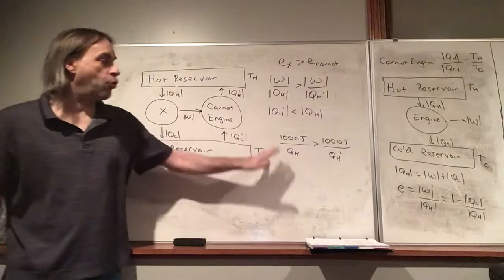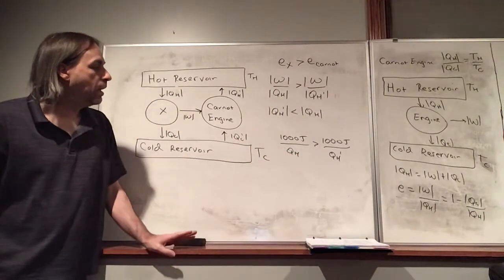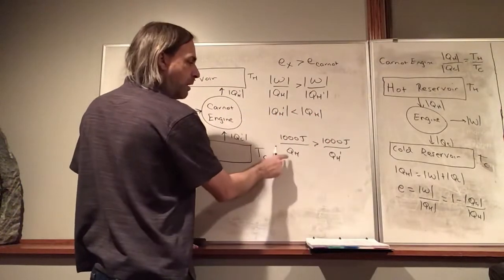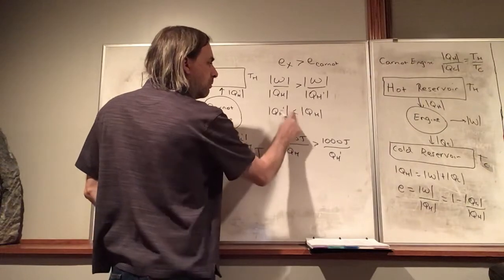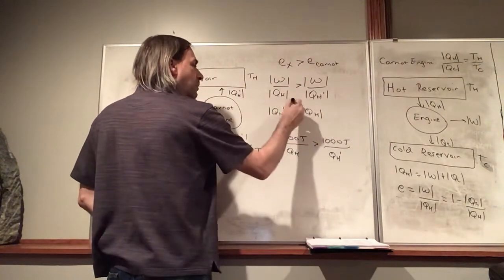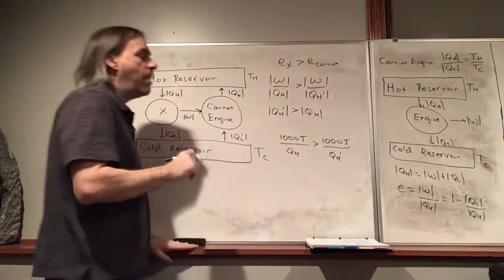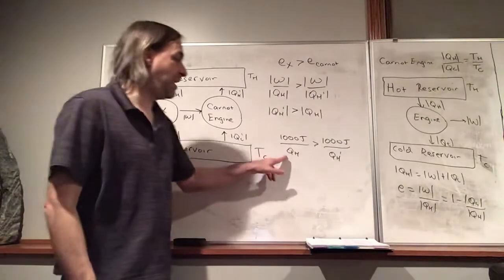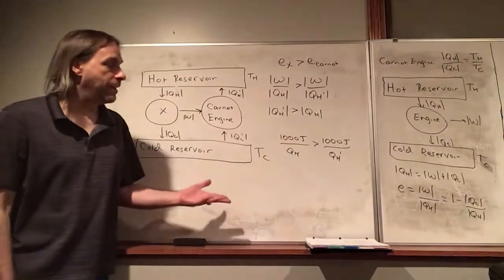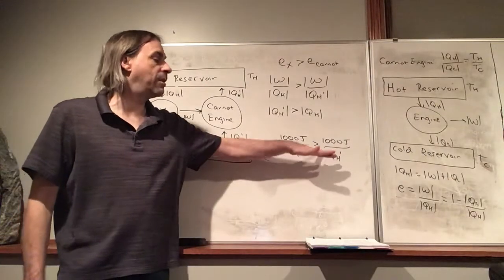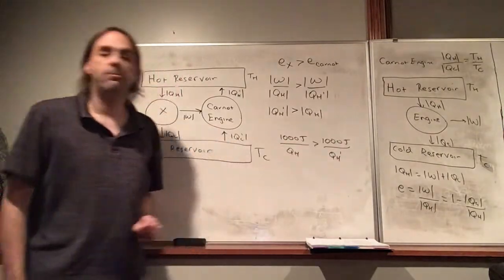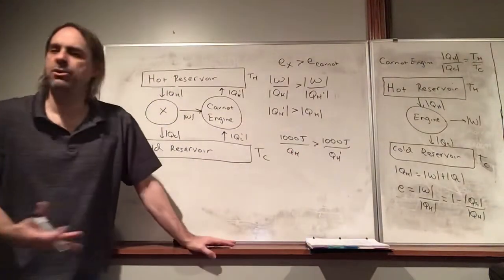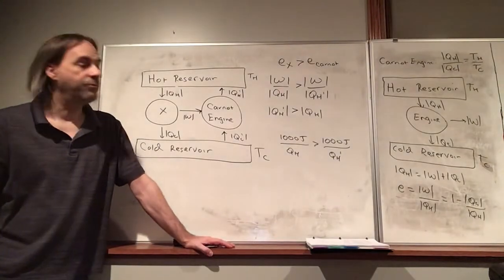If this inequality is true, it means QH prime, oh sorry, did I write that right? Let's check. Sorry, I reversed the directions. Yeah, QH prime has to be greater than QH. So let's say QH was 10, QH prime would have to be bigger than that, just because we're dividing by it. We have to divide by something bigger to make this number smaller overall. With inequalities, you have to be a little careful working with them. Easy to mess those up.